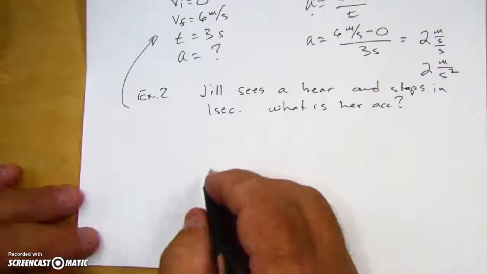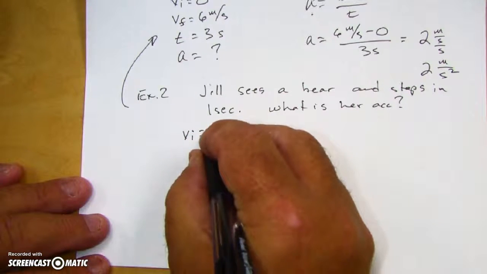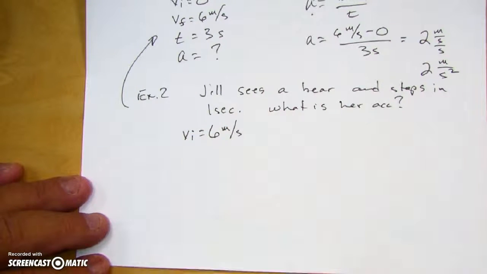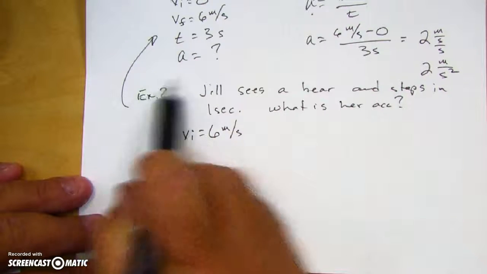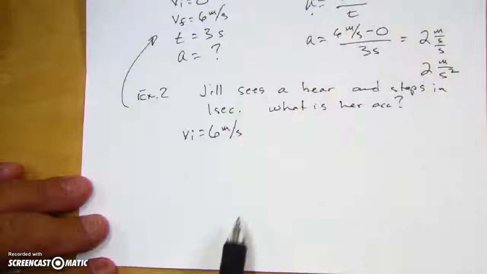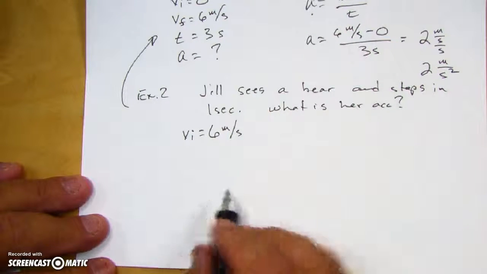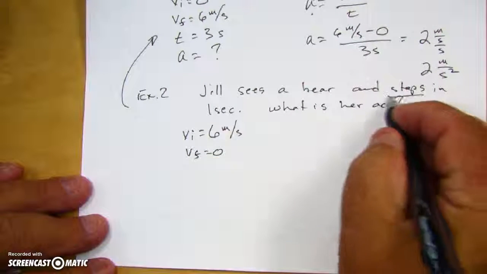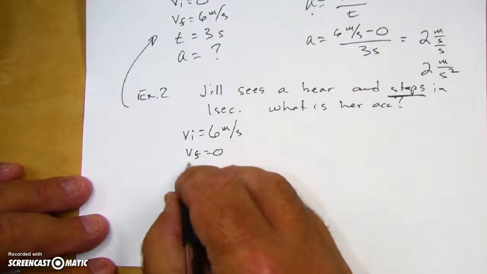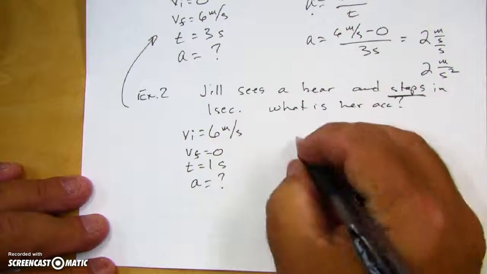Again, we'll go with givens and unknowns. In this case, her initial speed is 6 meters per second, because we assume it's related to this problem, so she's already going 6 meters per second, which you can't see, it's off screen, it's up there. Her final speed now is 0 because she stops. Time is 1 second. A is our unknown.